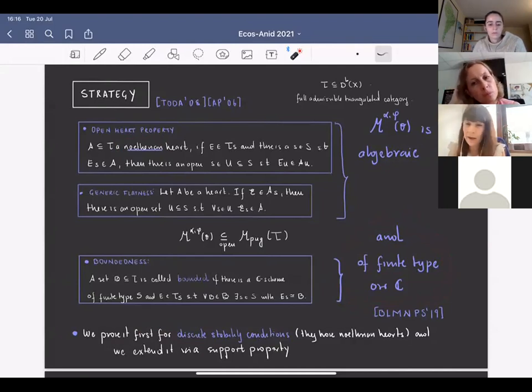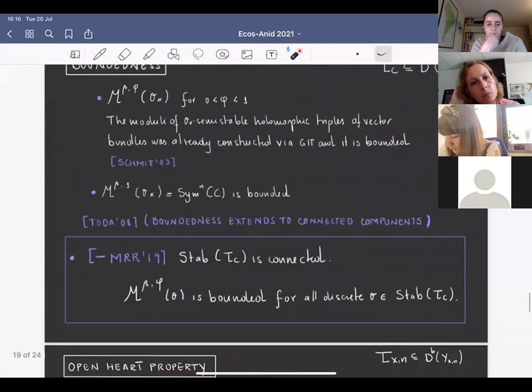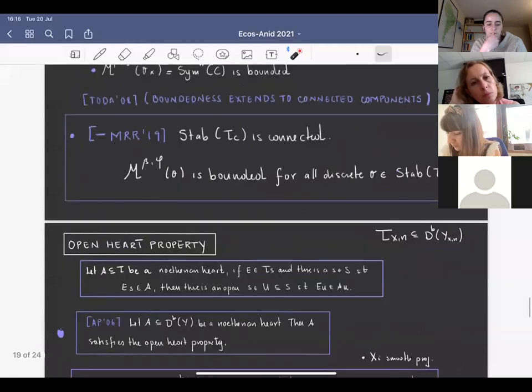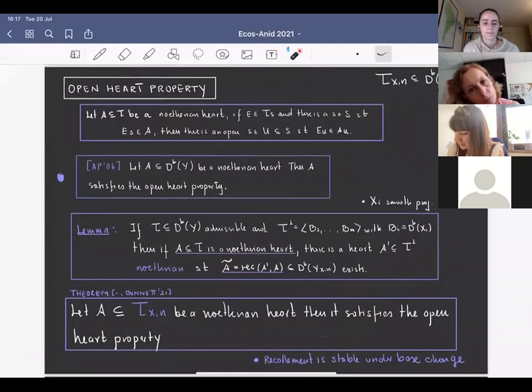So in the case of the open heart property, we prove it in a very general way, using that the base change of the Reclamont is a Reclamont, and we construct a heart A prime, which is in our geometric realization that contains the heart A that we want to prove the open heart condition for.